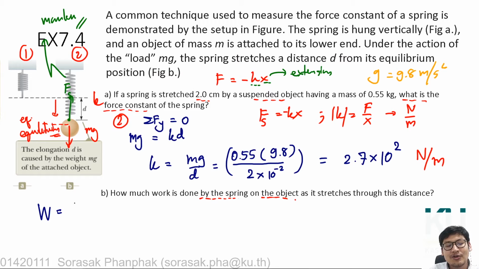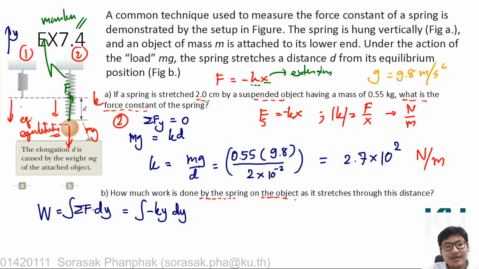The work is equal to the integral of sigma F dx, which in this case is, sorry, dy, right? And F is with the y extension, so it integrates minus ky dy, because this direction is y, right? And moving in this direction maybe with minus, and the upward direction is plus sign. So if it's onward like this, it's going to flip anyway.